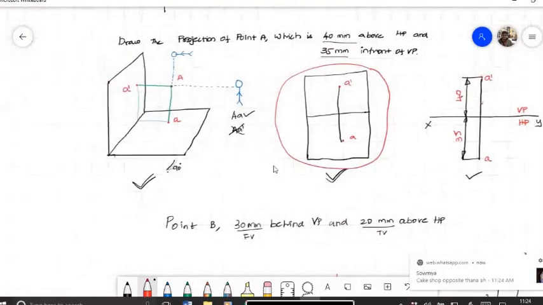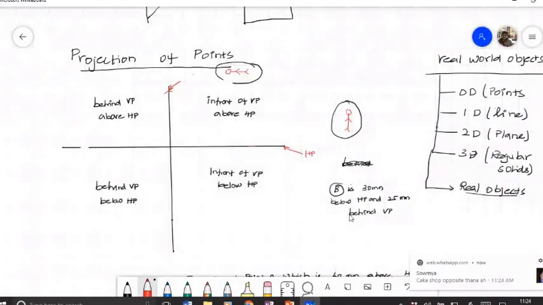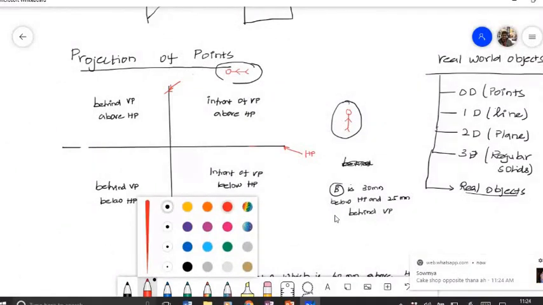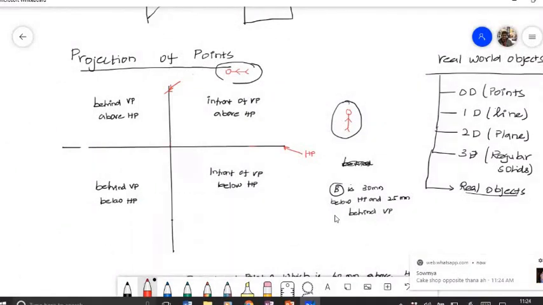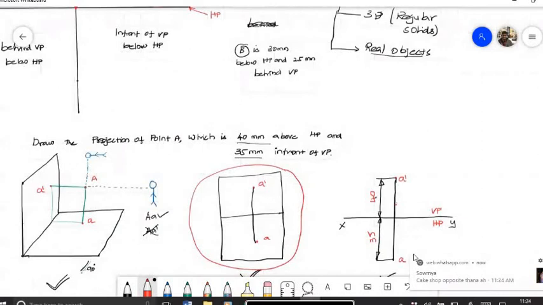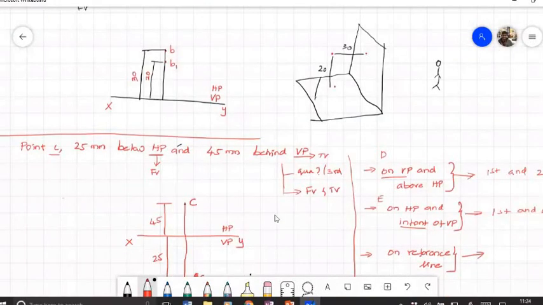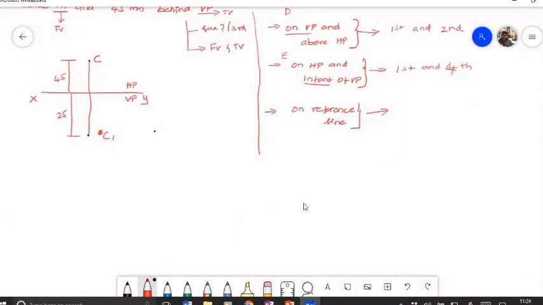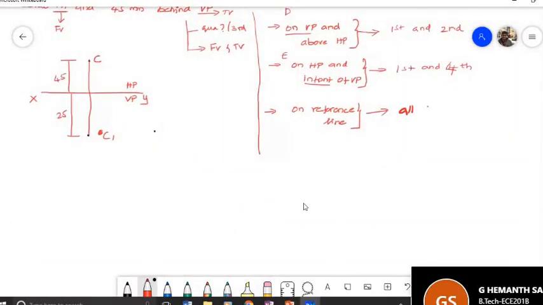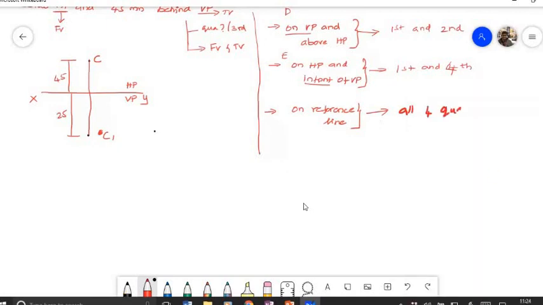The point is something like this. In which quadrant does it belong? Yes, it belongs to all four quadrants.